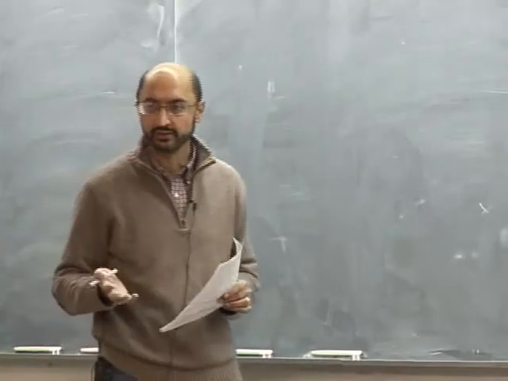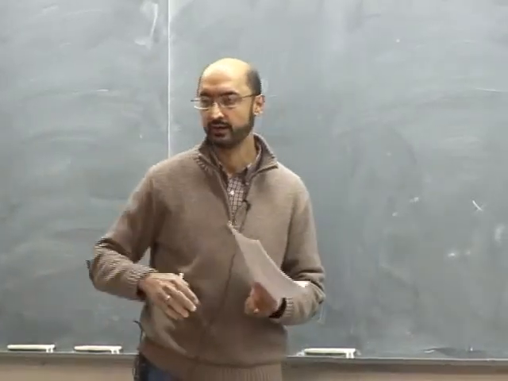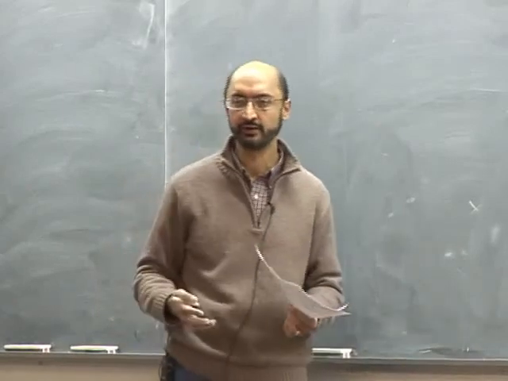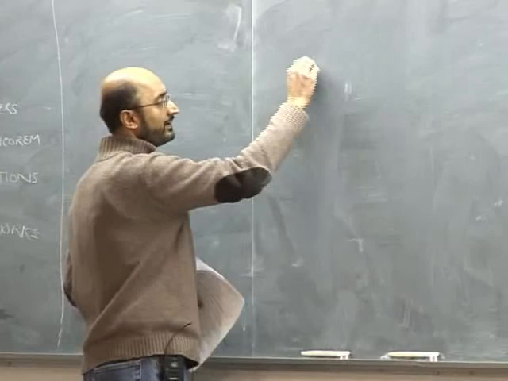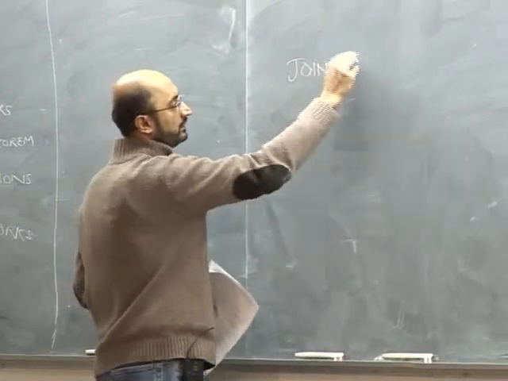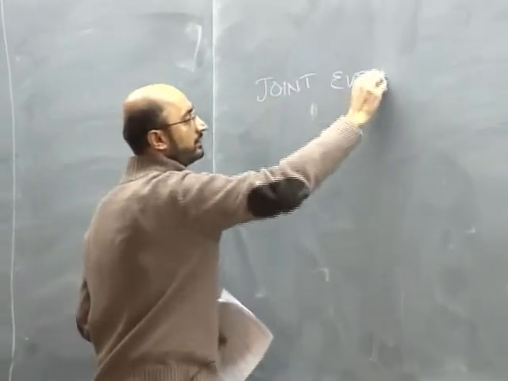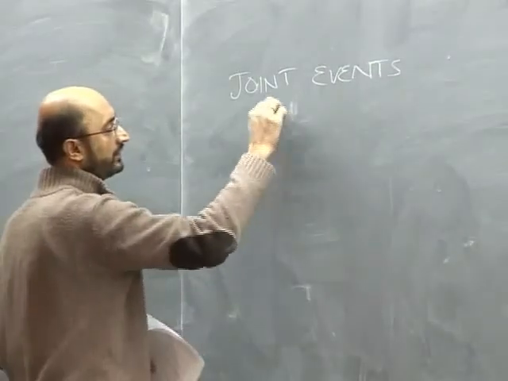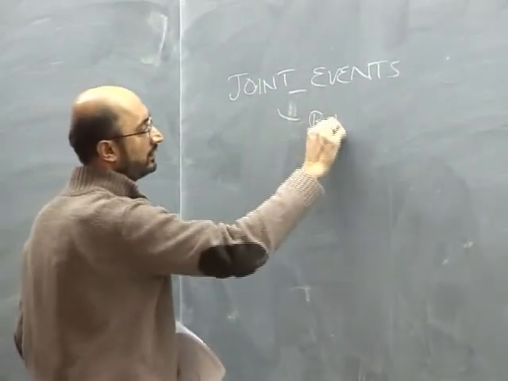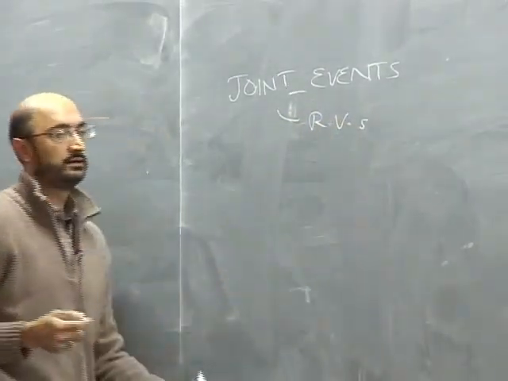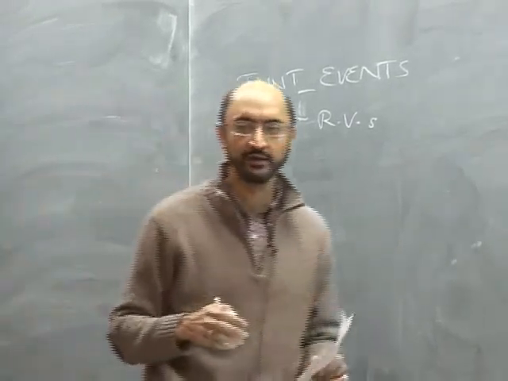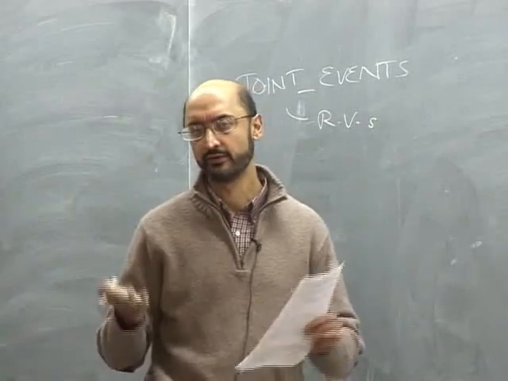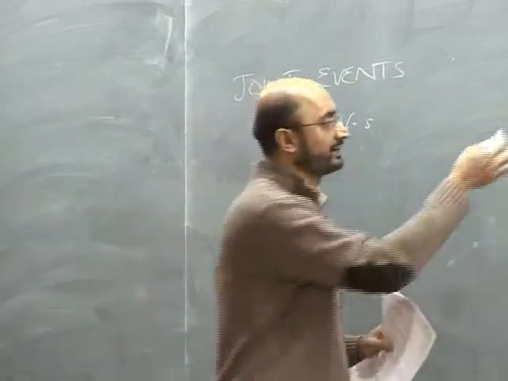Let me first start with joint events as opposed to joint random variables. Okay, so let's be careful. We have joint events and we have joint random variables. These are different. So let's consider a simple event such as I roll a die and the face comes up.